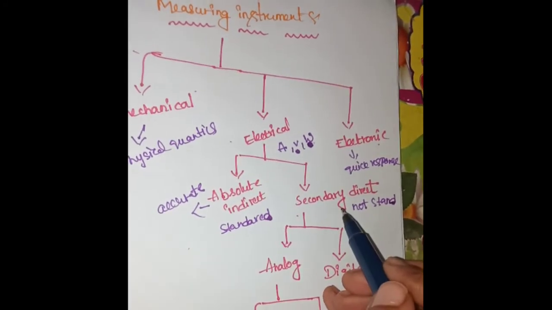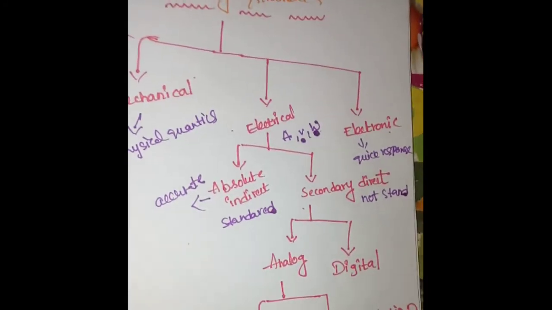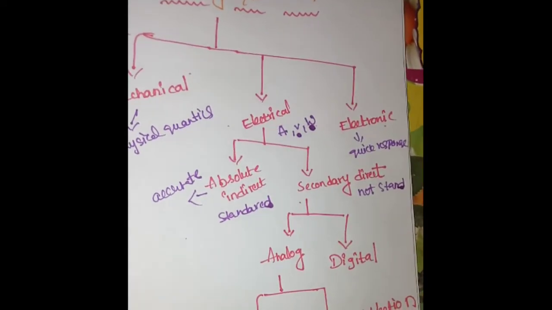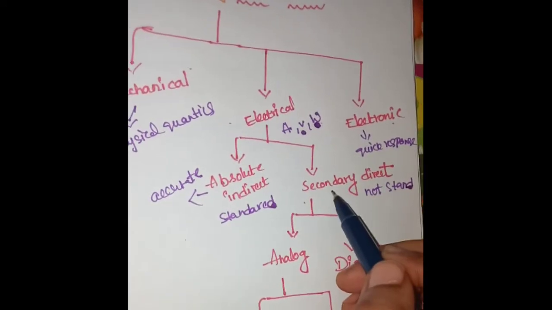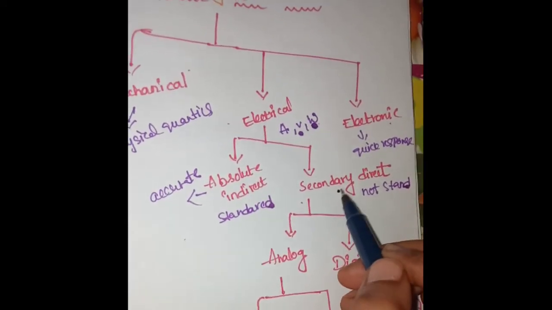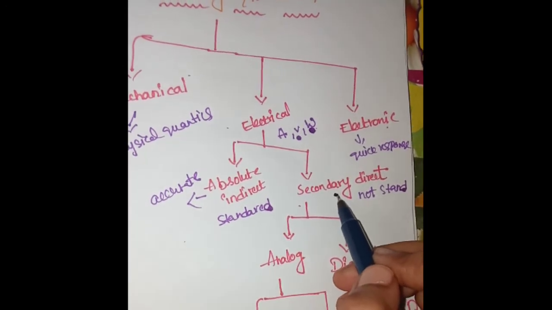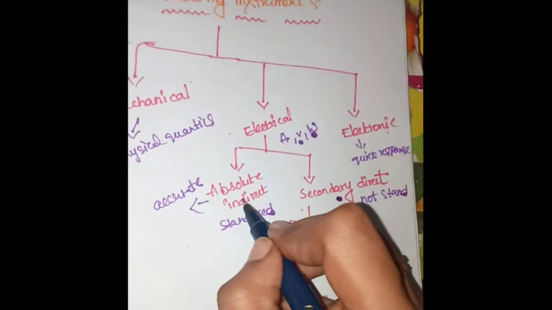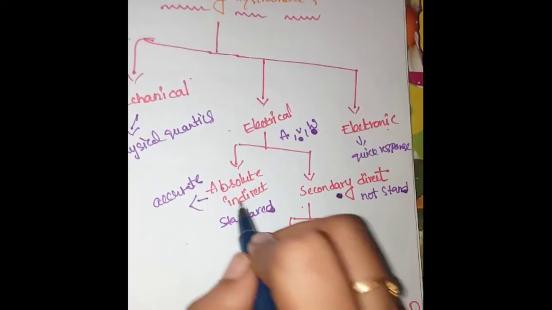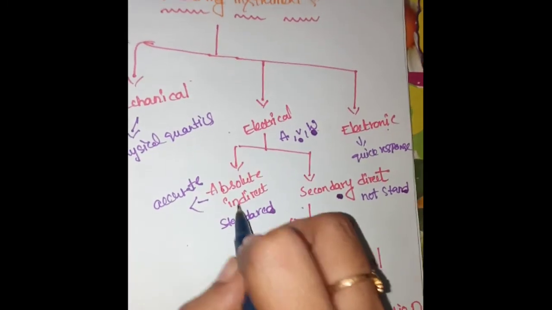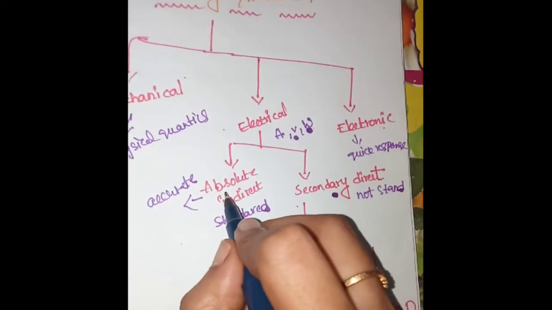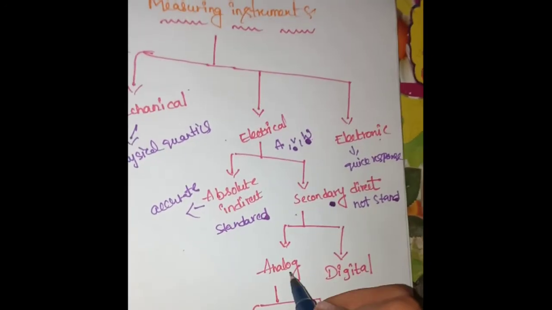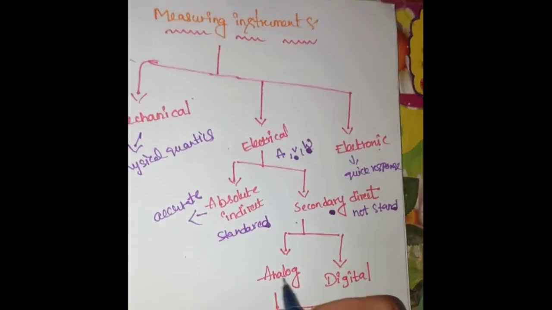In the secondary instruments, the output is obtained directly and no mathematical calculations are used, but in absolute instruments the mathematical calculations and formulas are used. So this is known as an absolute instrument and this is known as a secondary instrument. These secondary instruments are again classified into two categories: analog instruments and digital instruments.